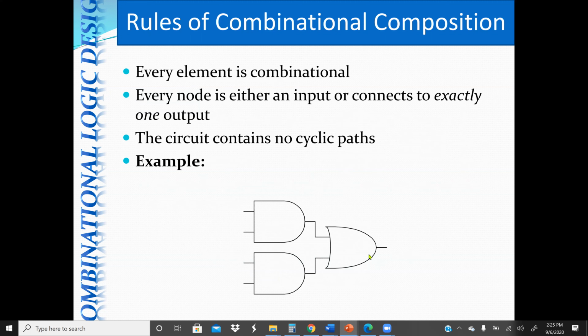We can see that we are going straight from left to right. The input comes from the left and the output is on the right, so we don't have any cyclic path. For example, we never go from the end back to the beginning again. There's no cycle. And every node is either an input or connects to exactly one output.